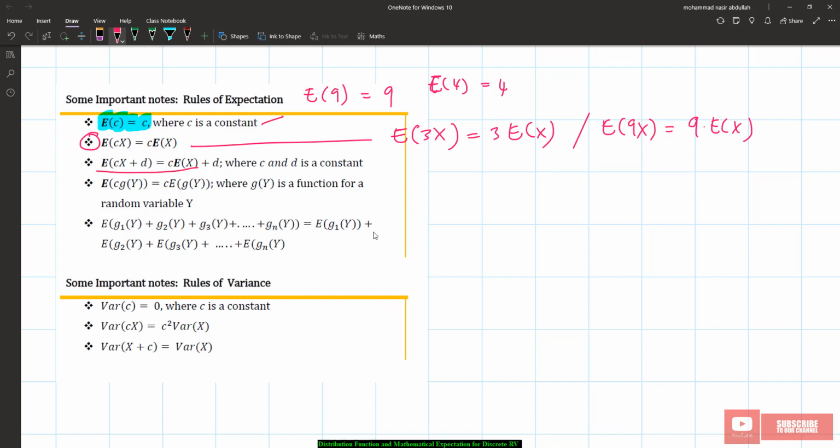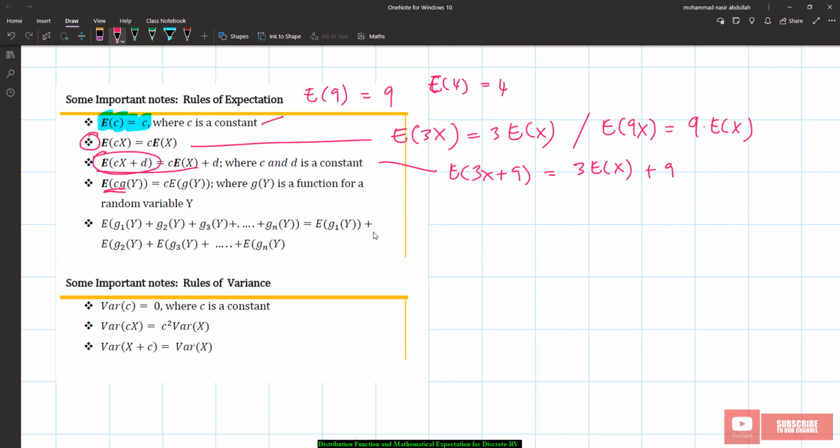Let's look at this one. E[cX plus d], meaning E[3X plus 9], where c and d are numbers, is equal to 3 E[X] plus 9. So we take the coefficient out with the expected of X, and the number we can just multiply as usual. The number 4 and number 5 are the same concept as the first one.